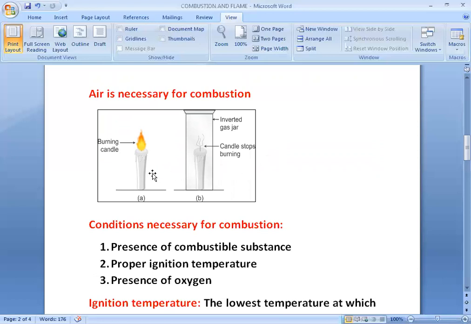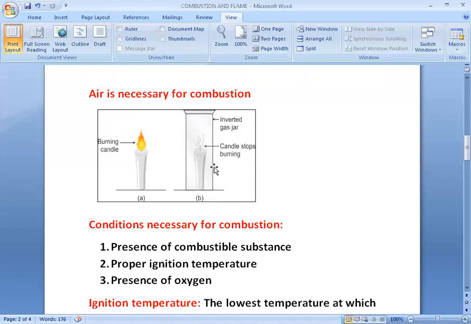You can take a candle and light it with a matchstick. See, the candle is burning, so this is a combustible material. Here, in figure B, you have inverted a glass jar over it.